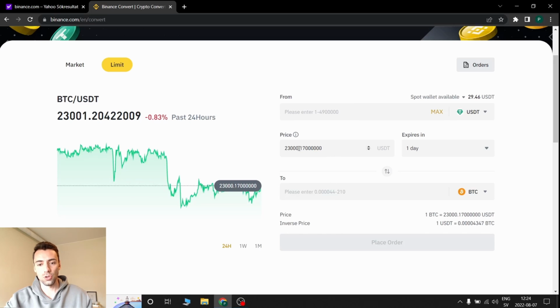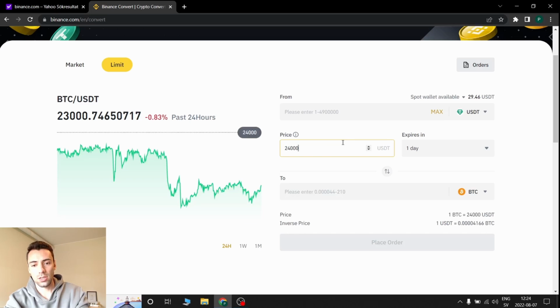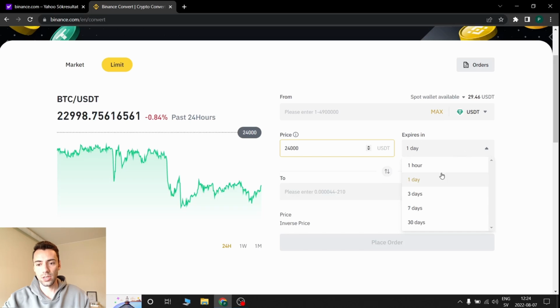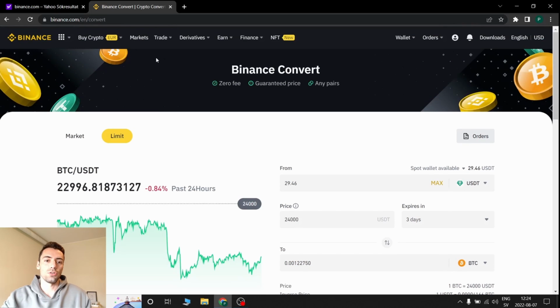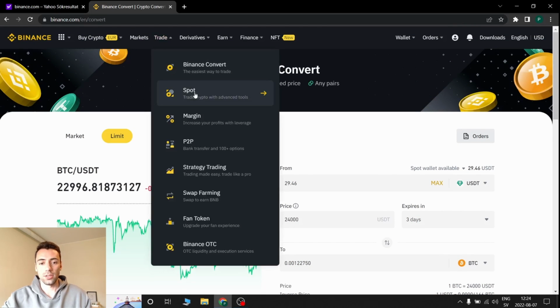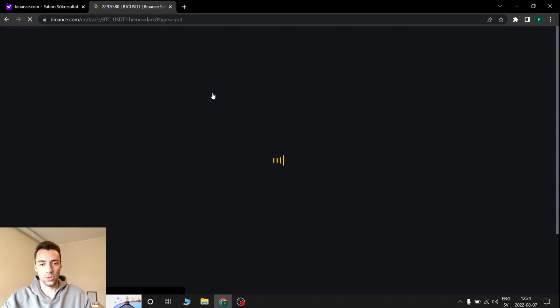For example, this is the current price of Bitcoin, 23,000. Say you want to convert to Bitcoin when it gets to 24,000, and expire the order in, say, 3 days max. You will receive this amount of Bitcoin at this price, and place order, which you can easily do on the spot. So let's go to the spot.